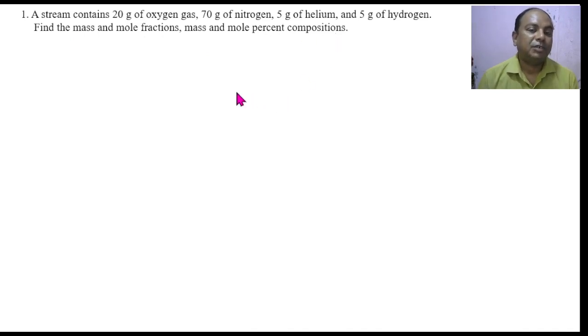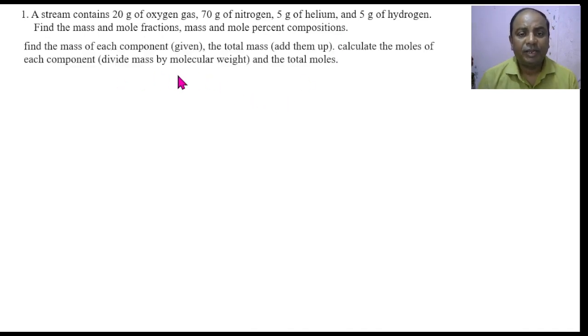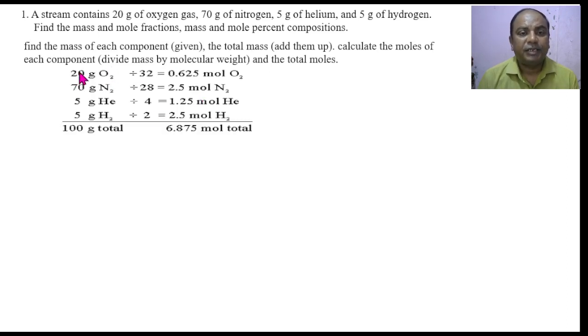Here the quantities are given: 20 gram of oxygen, 70 gram of nitrogen, 5 gram of helium and 5 gram of hydrogen. So the total quantity is 100 gram. Suppose a gas stream has a total weight of 100 grams. This stream has different constituents: oxygen, nitrogen, helium and hydrogen.